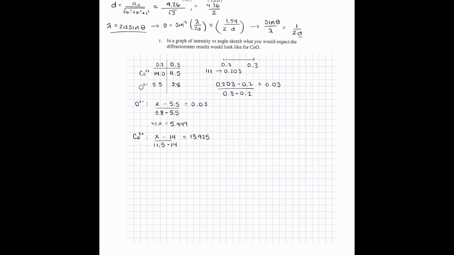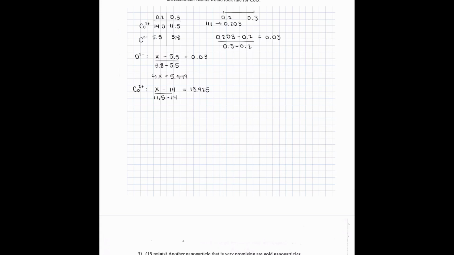We're going to follow the same process for the 200, except now it's not 3% away. For the 200, the value is 0.235. This is a new distance away from 0.2. If we do the math, we get 0.235 minus 0.2 over 0.3 minus 0.2.